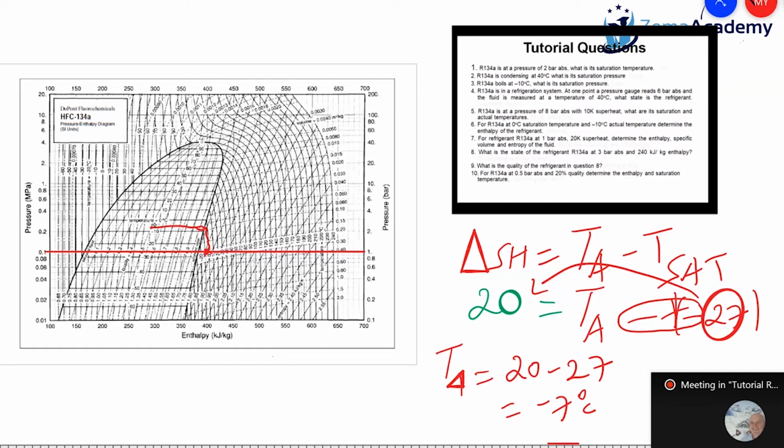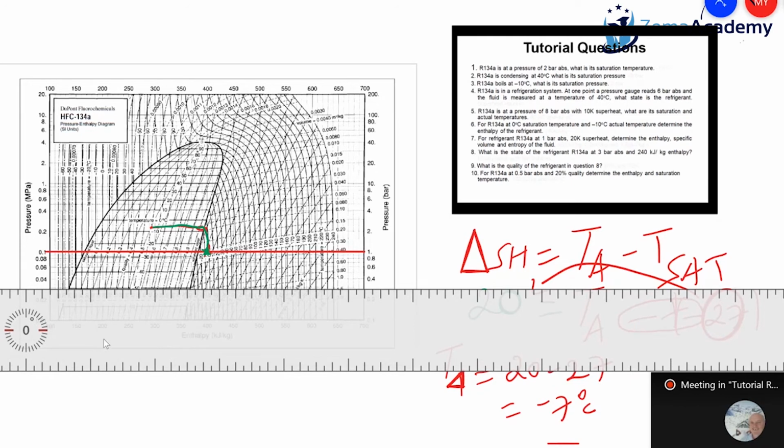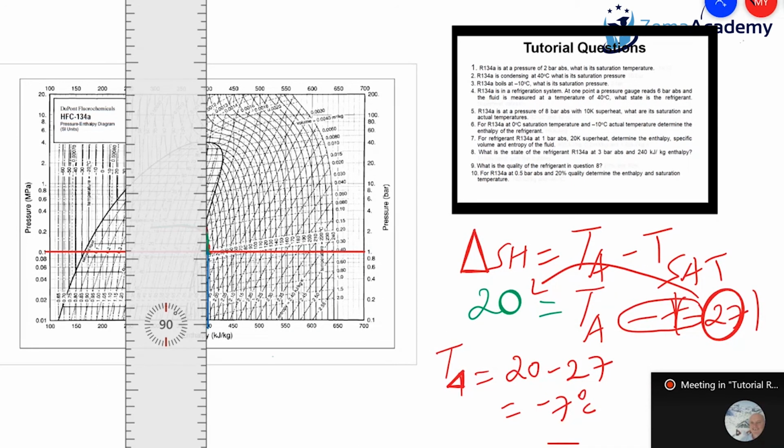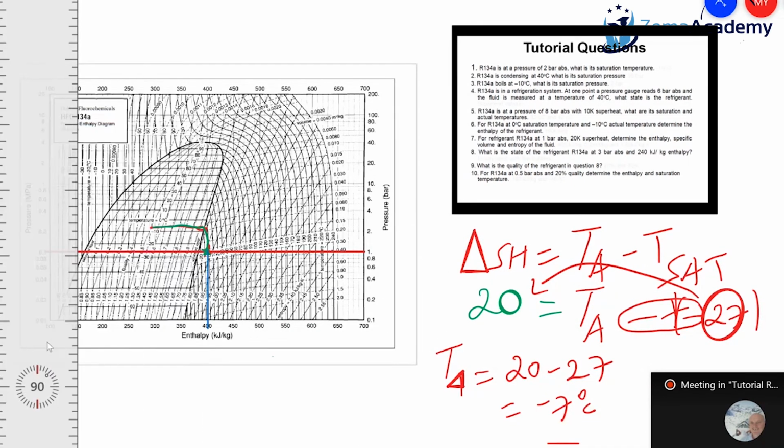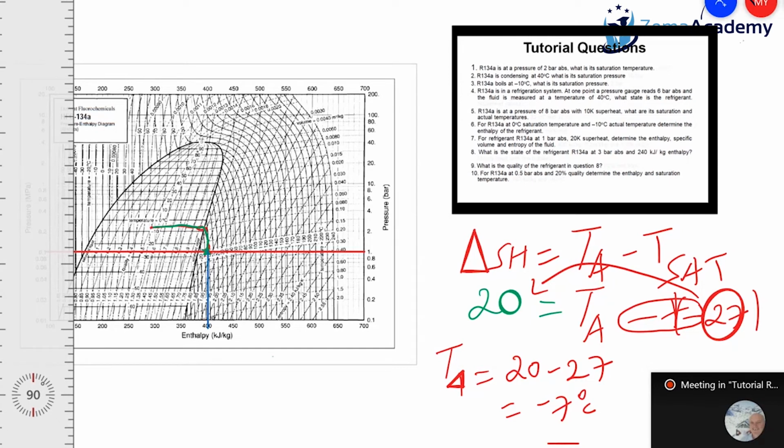So minus 7 is between minus 10 and 0, so I'm following the line, and we're going to cross our pressure line somewhere here. Now all we have to do is use our ruler to drop down so we can work out our enthalpy.